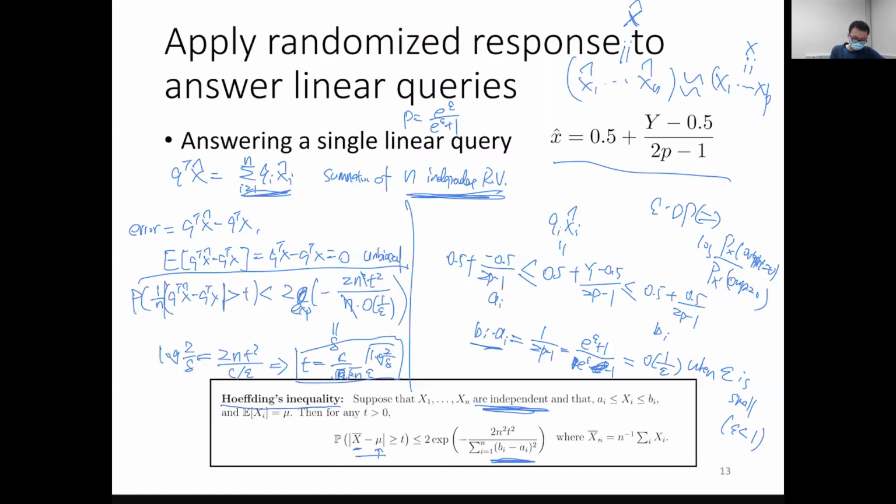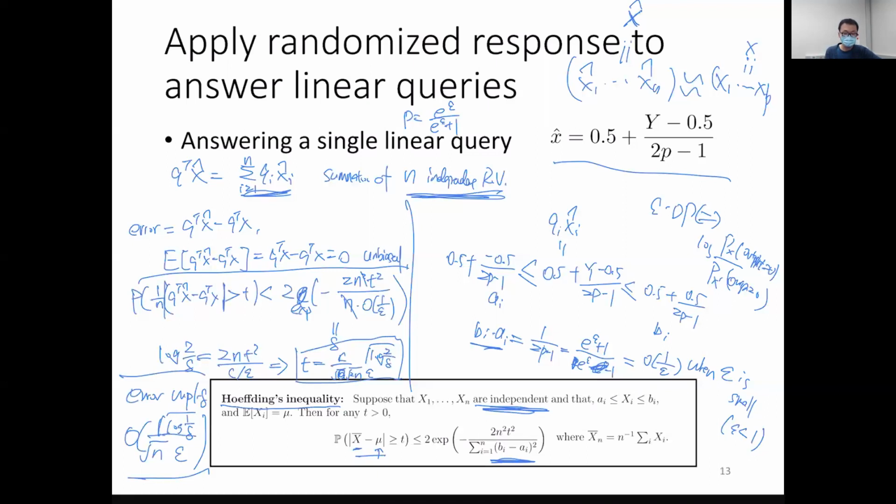So the error with probability 1 minus delta is on the order of 1 over square root of n, square root of log 1 over delta, and little epsilon here. Okay, I hope that's a clear application of Hoeffding's inequality and how you would make use of it.